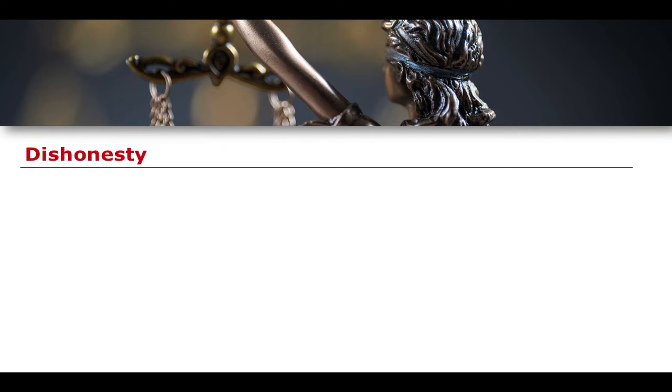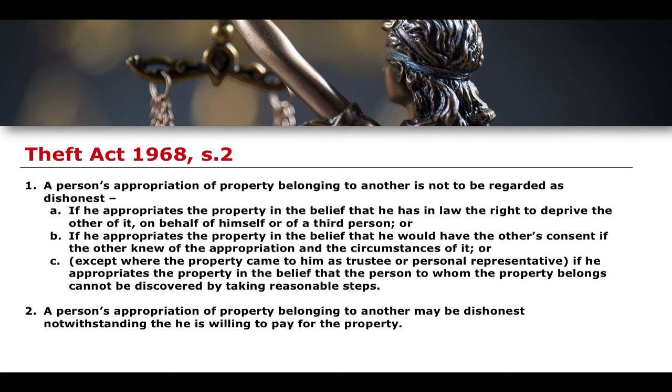So there are circumstances in which something is not dishonest. Simply, if you appropriate the property and you believe that you have a right in law to deprive that other person of it, that's one reason in which you could say that you are not being dishonest. If you appropriate the property with the reasonable belief that the other person consented to you appropriating that property, again, that's not dishonest.